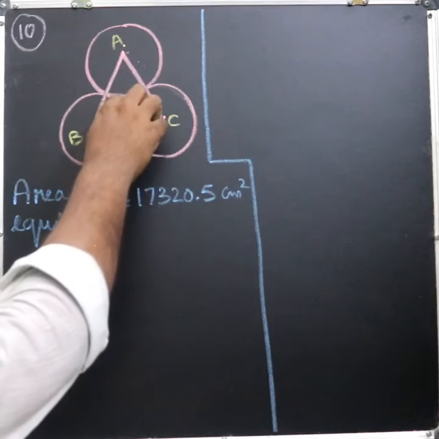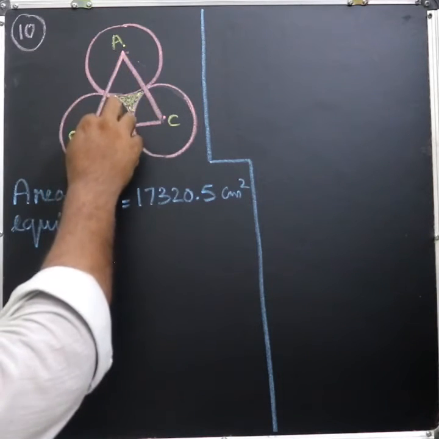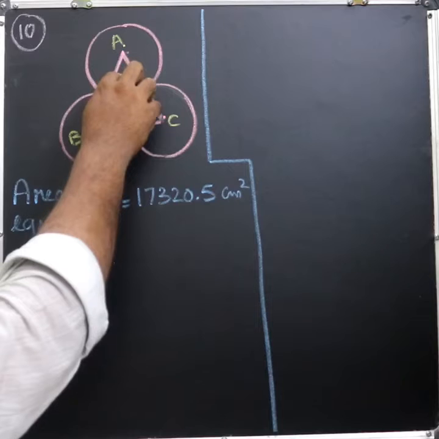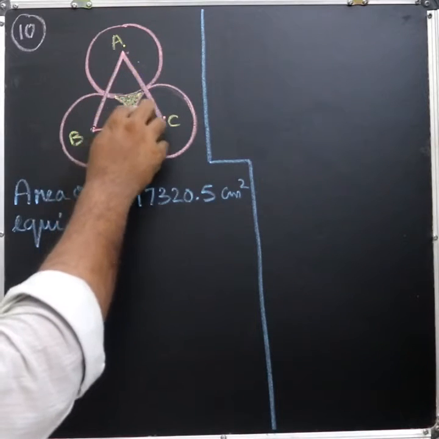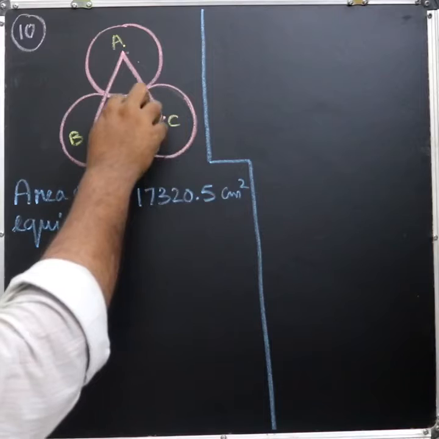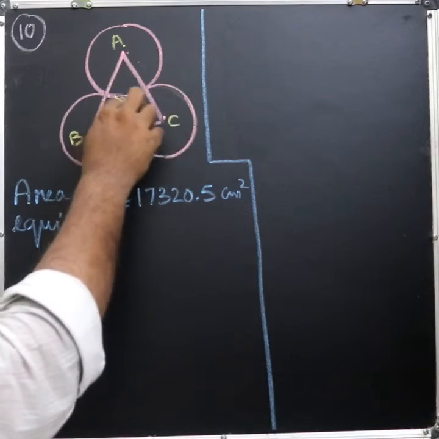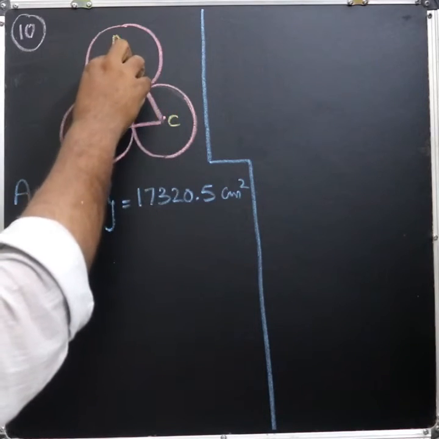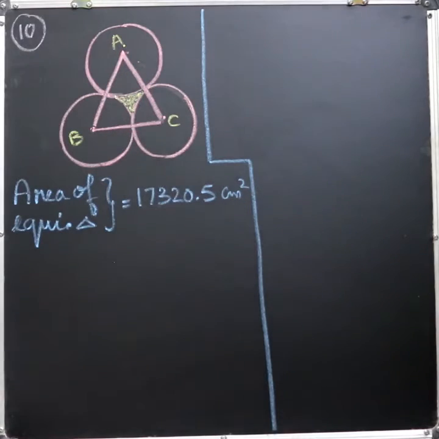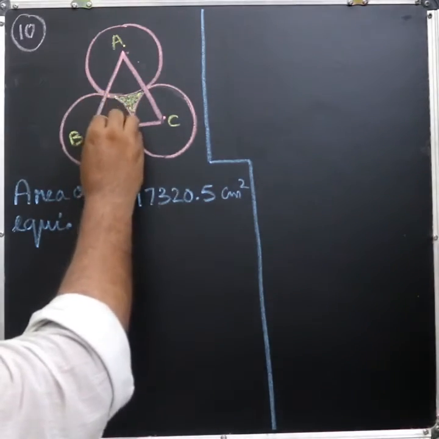To find the area of the shaded region, if from the area of this triangle we subtract the area of all these three sectors, you can see that there is a sector here, a sector here, and another sector here. All these three sectors are going to be equal because their radius and angle are equal. We know that angles are equal because this is an equilateral triangle.